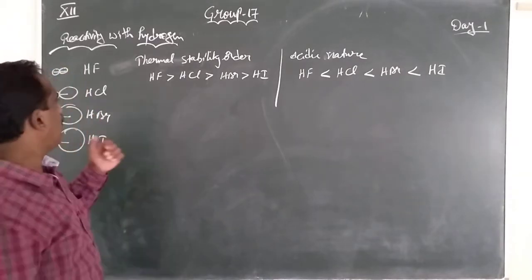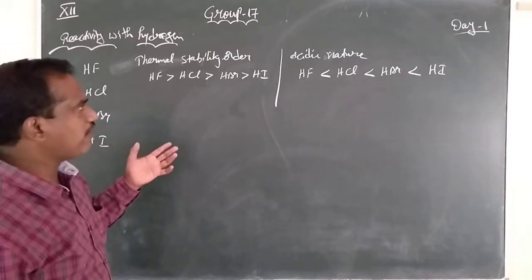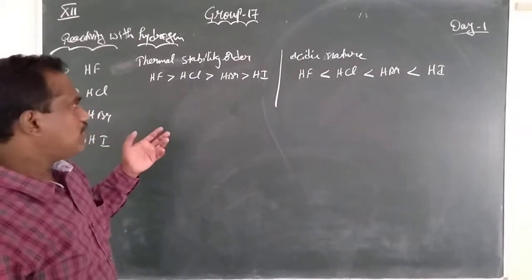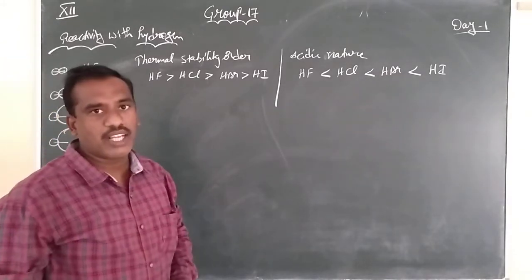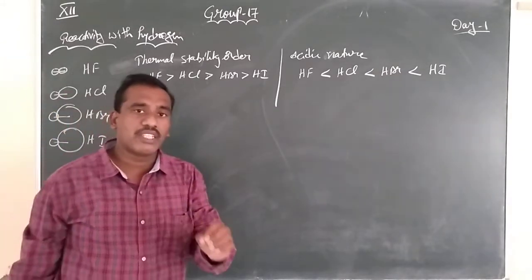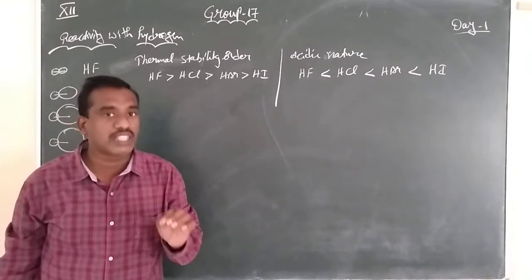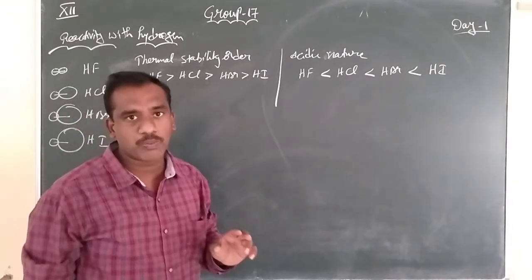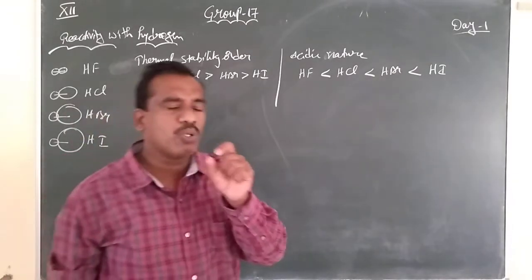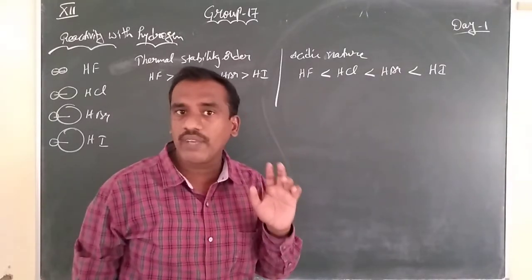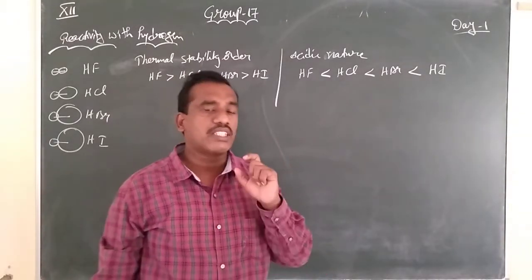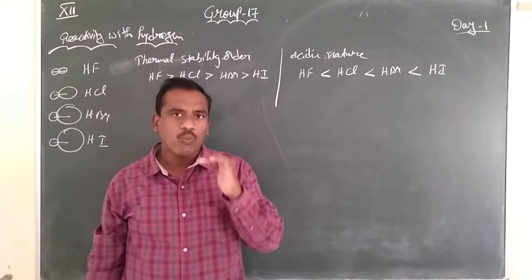And coming to the reactions, we can see the reactivity towards oxygen. How do they react with oxygen? These form the corresponding oxides. Please have a glance at the textbook, because many oxides are there. You must read all those points one by one.